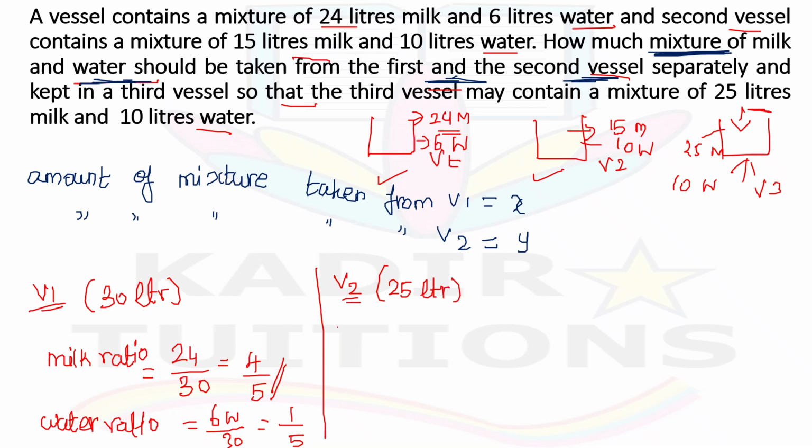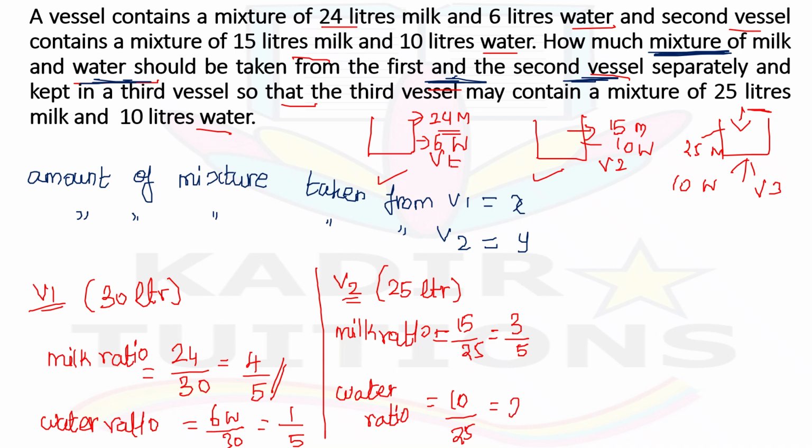In that, what is the milk ratio? 15 liters of milk, so 15 by 25, and we get 3 by 5. And what about the water ratio? The water ratio is 10 by 25, which is 2 by 5. So this much we got.